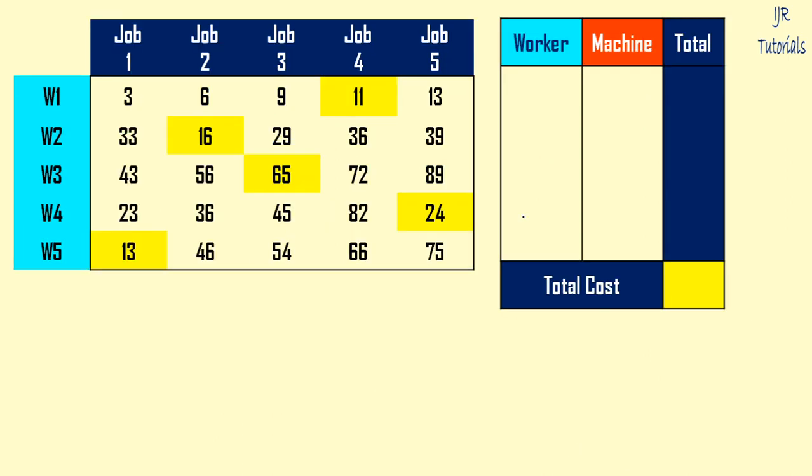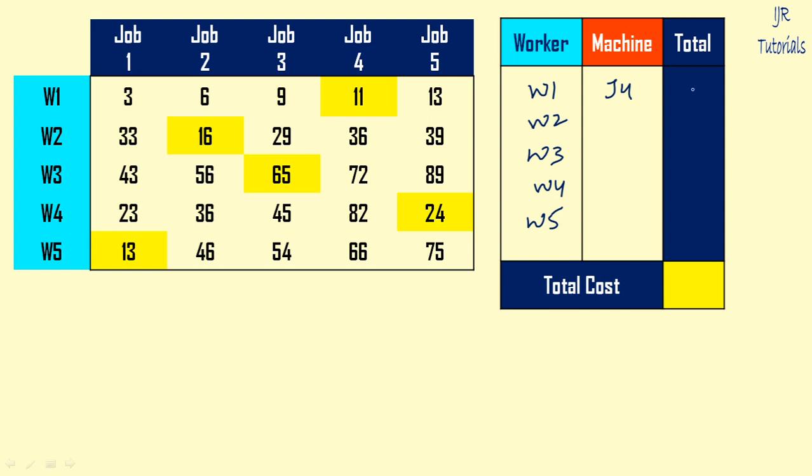So we can directly take the original table like this. The yellow color is the assignment. We can prepare this particular table: W1, W2, W3, W4, W5, and machine. What is the first machine? W1, job 4. How much?